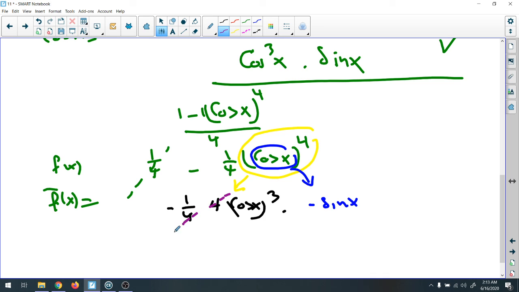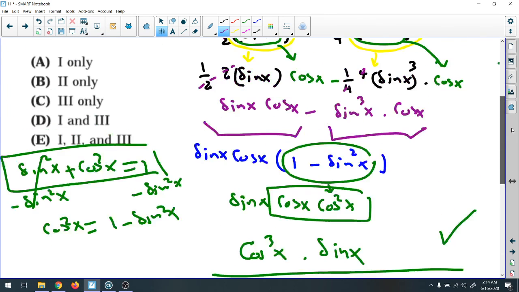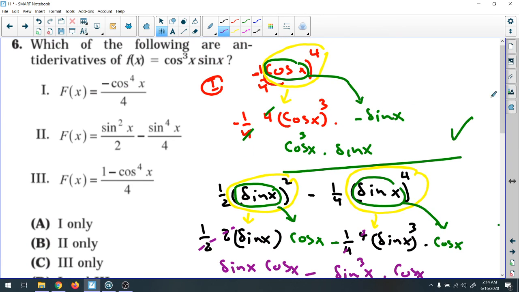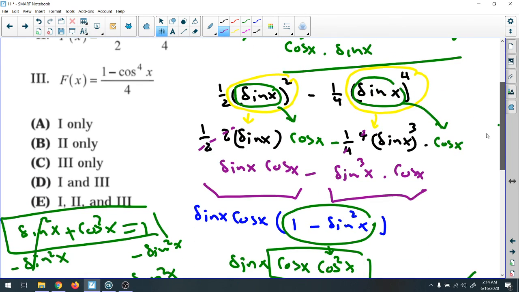Cancel 4 with 4, and negative times negative is positive. Cosine to the third of x times sine x is left, and the third part is correct. Go back to your question. If you check the correct answer, E will be the correct answer.